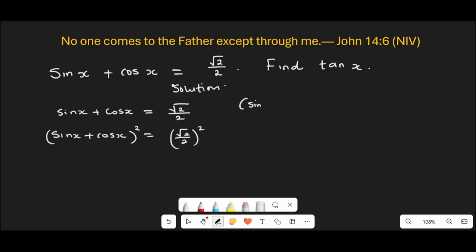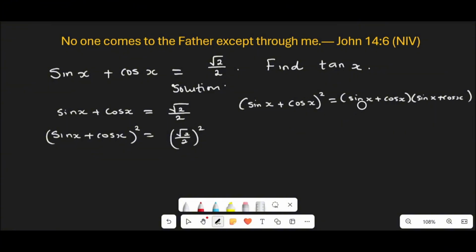Sin x plus cos x raised to power 2 is equal to (sin x plus cos x)(sin x plus cos x).